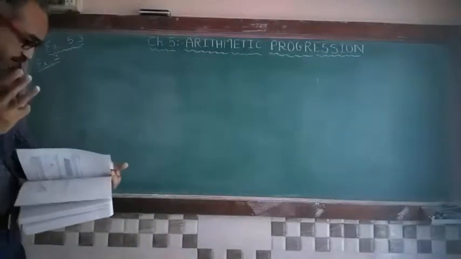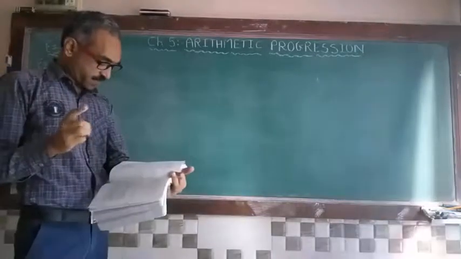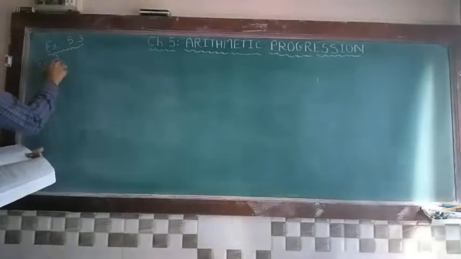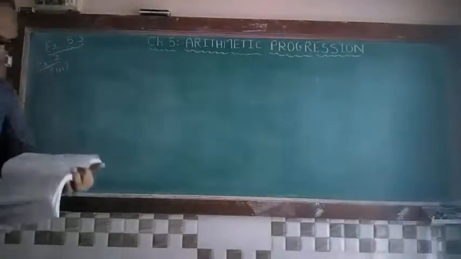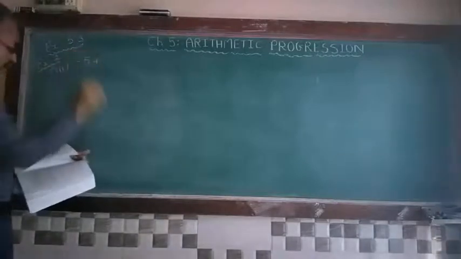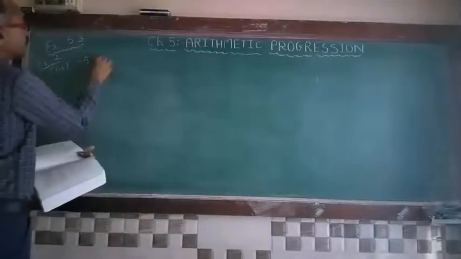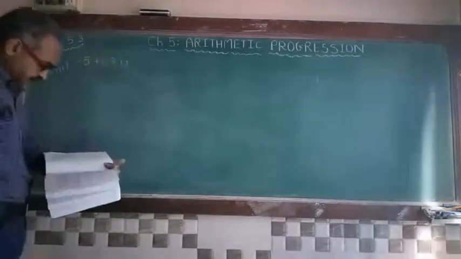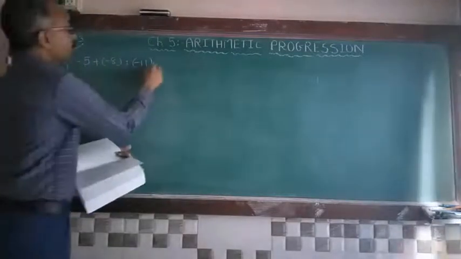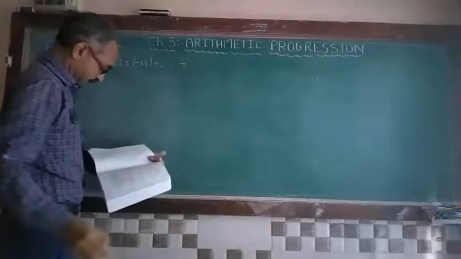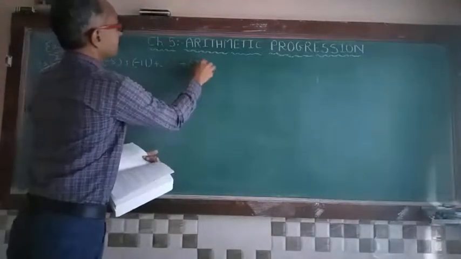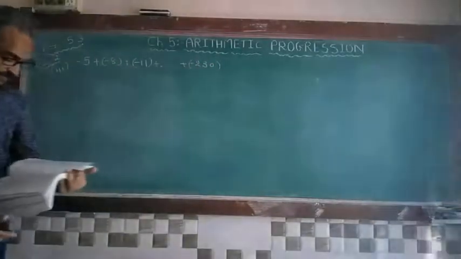3 APs are given to you, you have to find the sum. So we are taking the third AP, third example of the second, that is -5 plus -8 plus -11 plus up to plus -230.